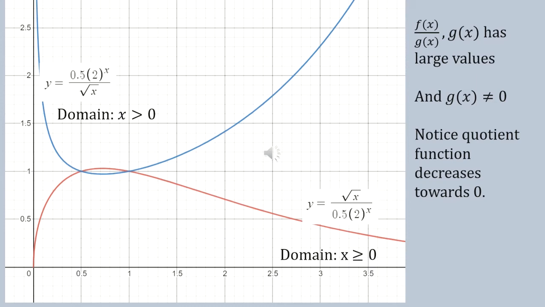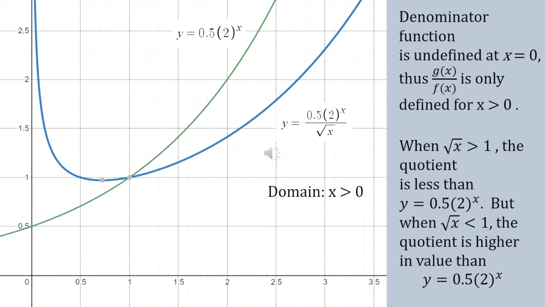Whereas when I was dividing by the square root of x, the square root of x stays relatively small related to the exponential function. And so its values are lower than the original exponential, but they're not tapering off so quickly like when we were dividing by the exponential function.